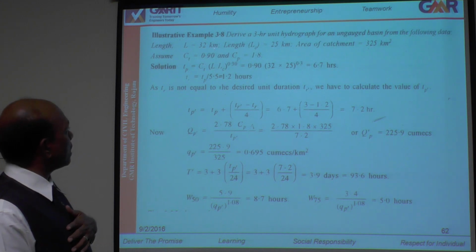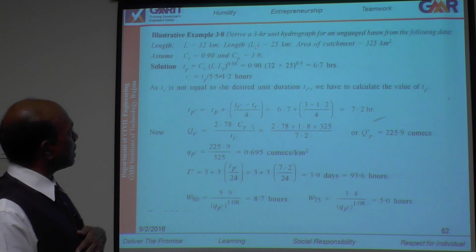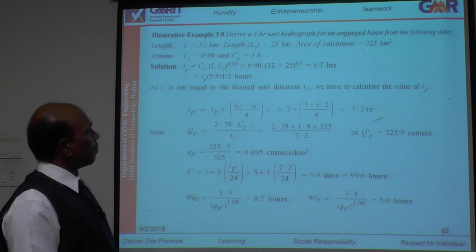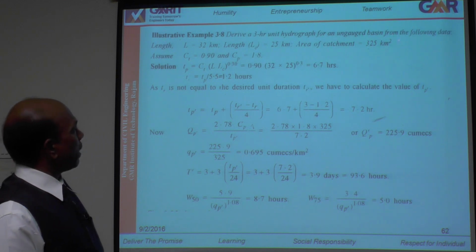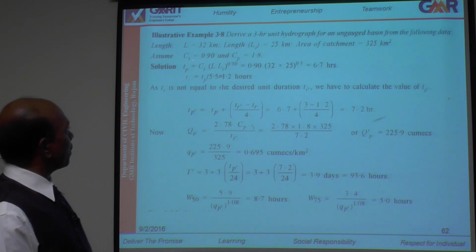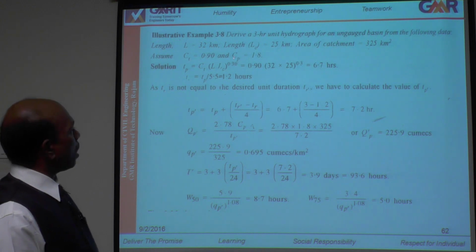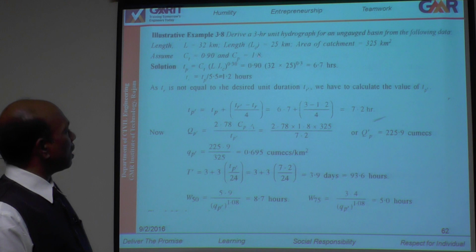Length of the drainage basin equal to 32 kilometers, length Lca equal to 25 kilometers, area of the catchment equal to 325 square kilometers. Ct value is given, this is useful for the determination of basin lag, and Cp value is also given, this is useful for the determination of peak discharge.